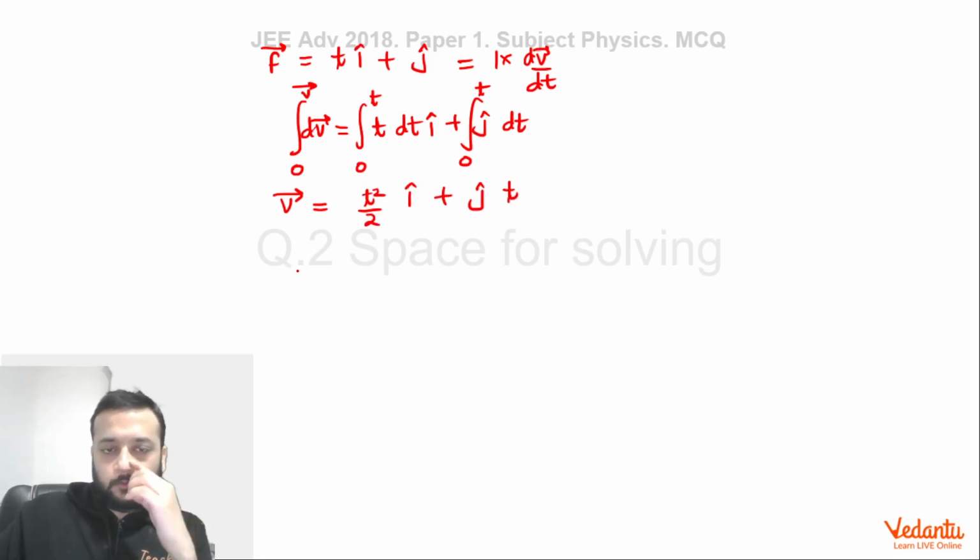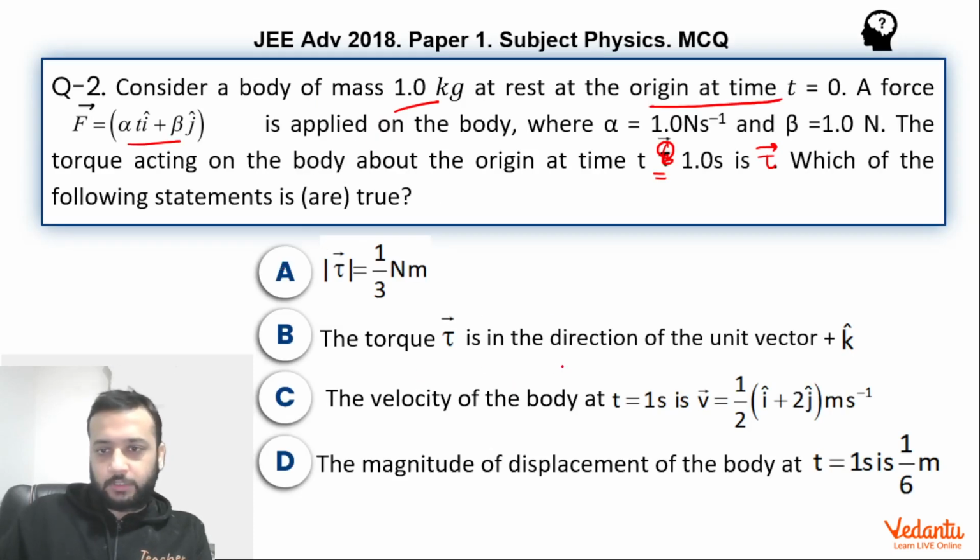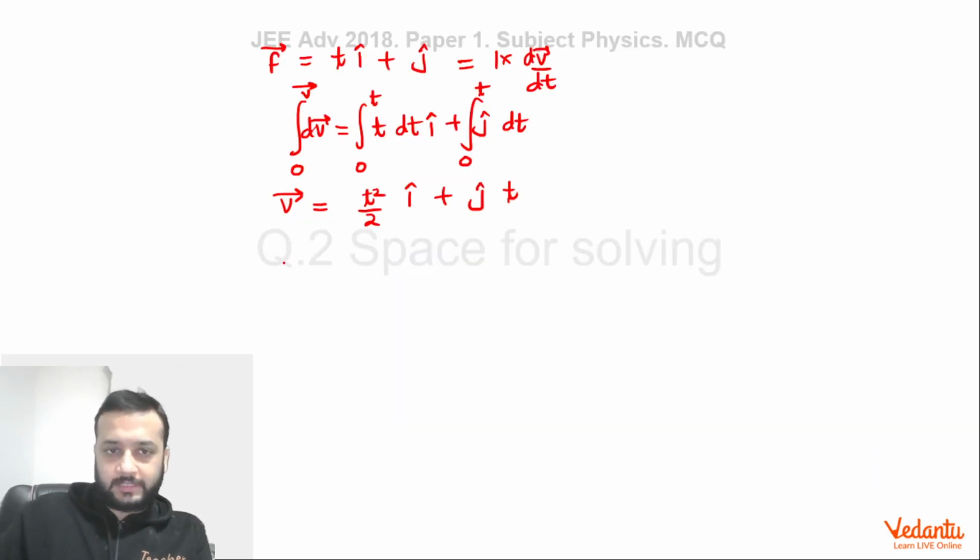Since we have to compute the torque at time 1 second, we will also need the position of the particle, because we have to find the torque about the origin. So let's calculate the position. We can write this as dr by dt, and then take dt on the right side. So this will become t square by 2 dt i cap plus j cap t dt, and then you can integrate it.